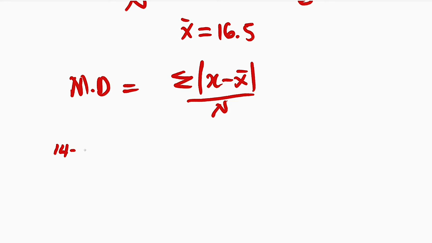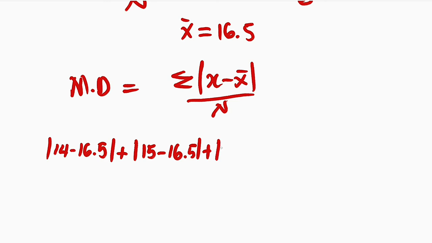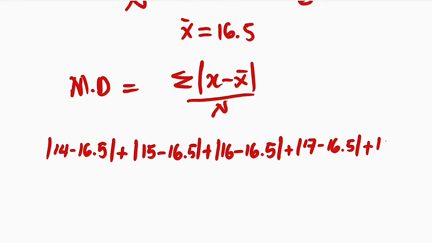14 minus the mean, which is 16.5, absolute form, plus the next one, 15 minus 16.5 plus 16 minus 16.5 plus 17 minus 16.5 plus 18 minus 16.5, then the last one plus 19 minus 16.5.